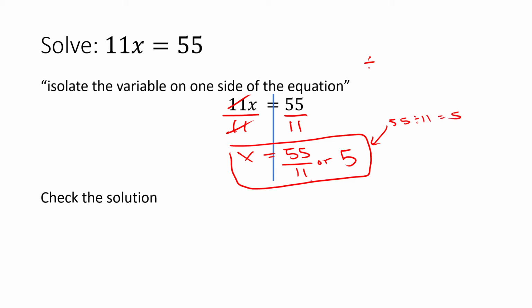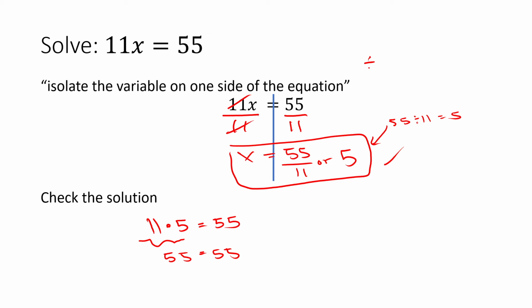If you forgot fractions, just remember this is also division. 55 divided by 11 gives you 5. Of course, you can check the solution. 11 times 5 is 55, and since 55 is equal to 55, our solution checks out.